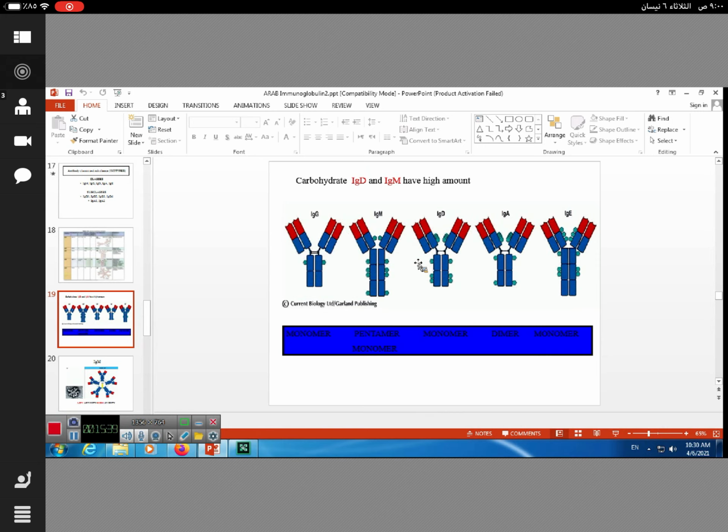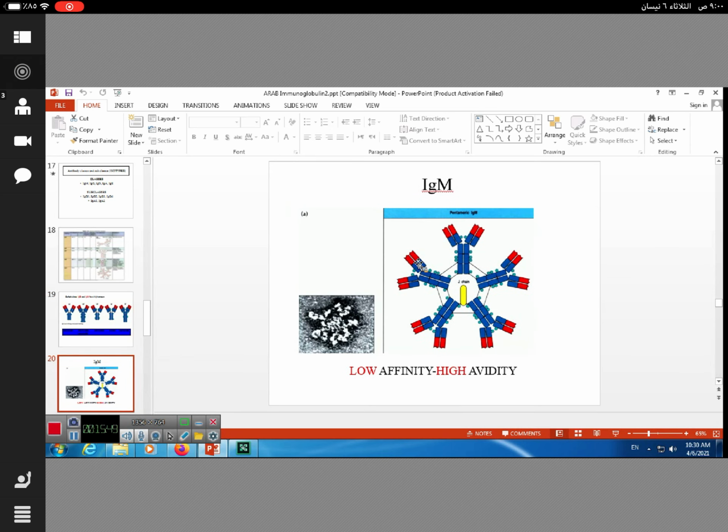Comparison of the carbohydrate concentration showed that IgD and IgM have a high amount of carbohydrates. In this figure, you can see the IgM structure. The main feature of IgM is low affinity and high avidity.